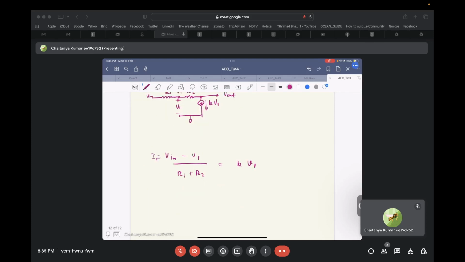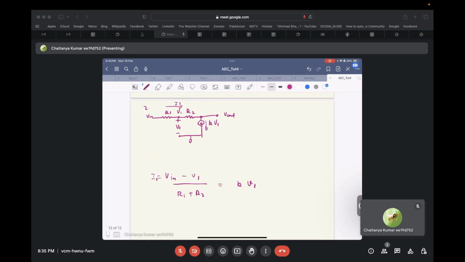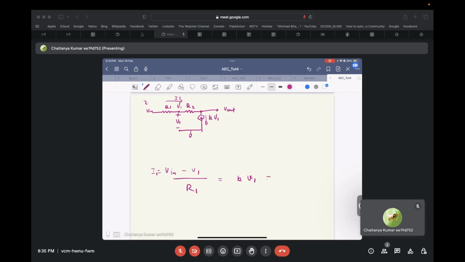And the other way to write this: this is also equal to K times V1, and this is also equal to V1 minus Vout by R2.